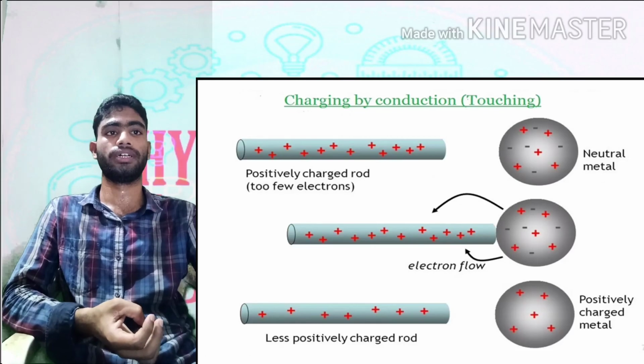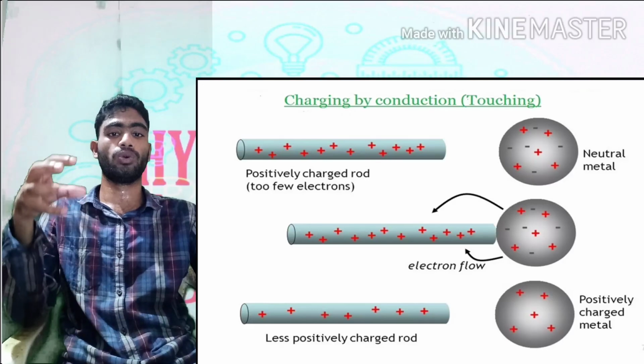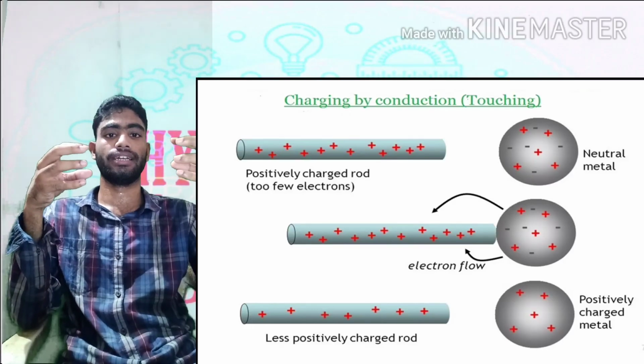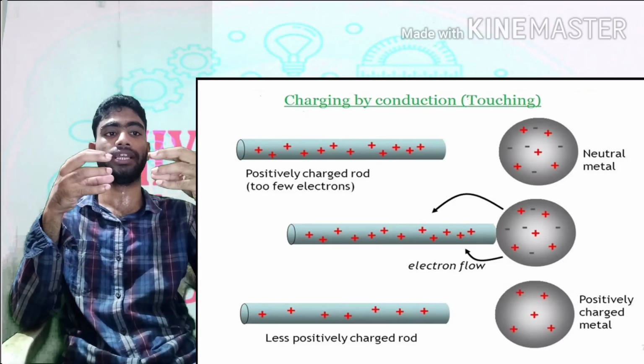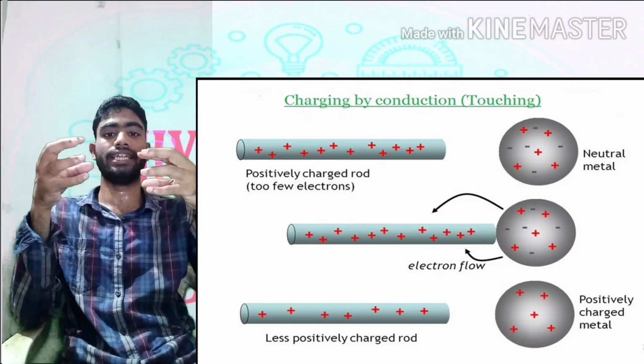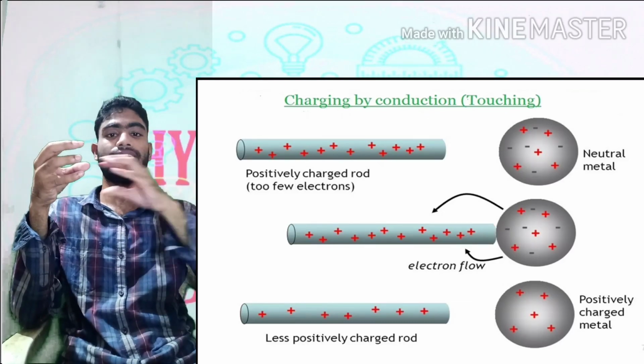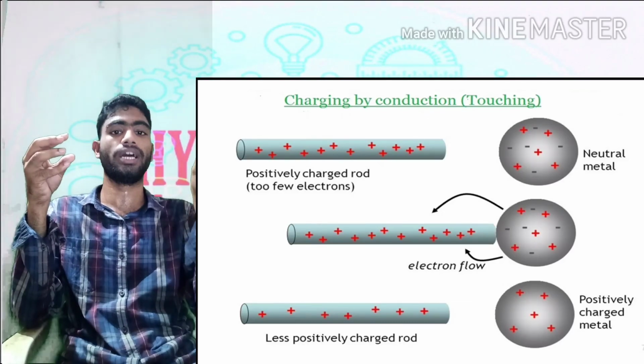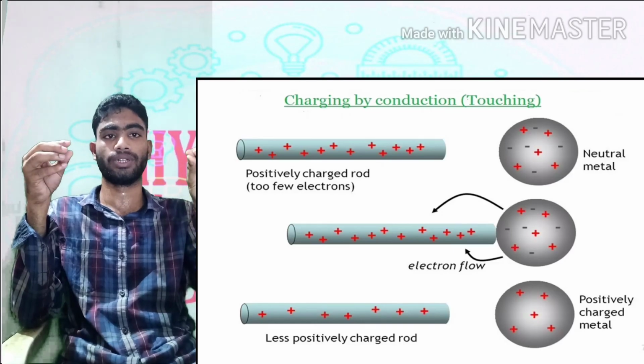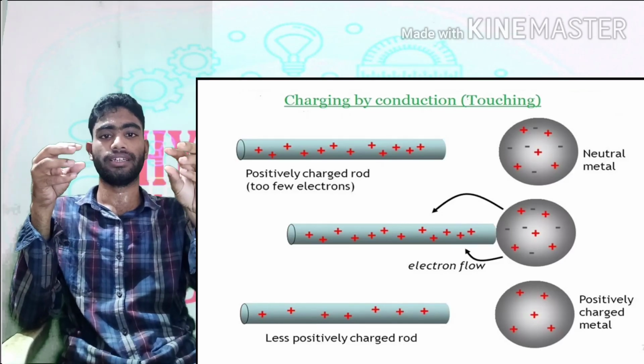And one more charging method is the conduction method. In the conduction method, when you bring a charged body in close contact with an uncharged body, the charge from the charged body gets transferred to the uncharged body. Understand what I am saying?